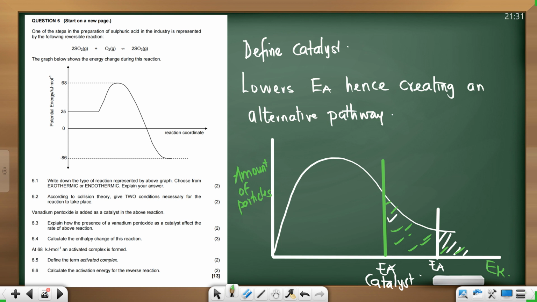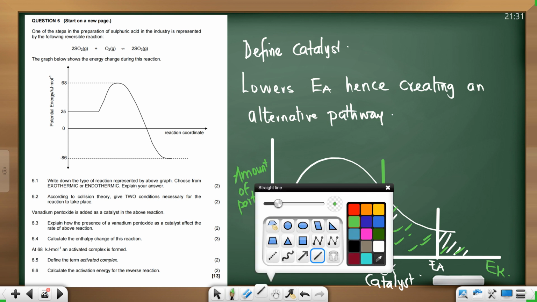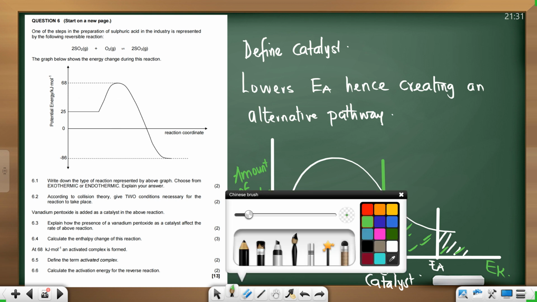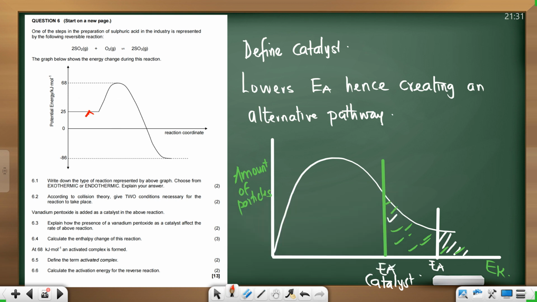Tamran, tell me where you lost. Yeah, we're doing enthalpy with a graph. Our enthalpy is here. That's our enthalpy. So it's H products minus H reactants: negative 86 minus 25.